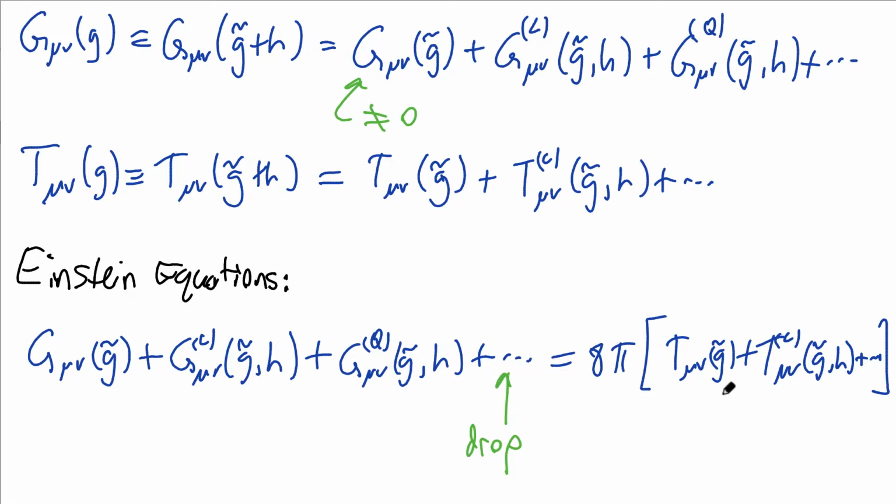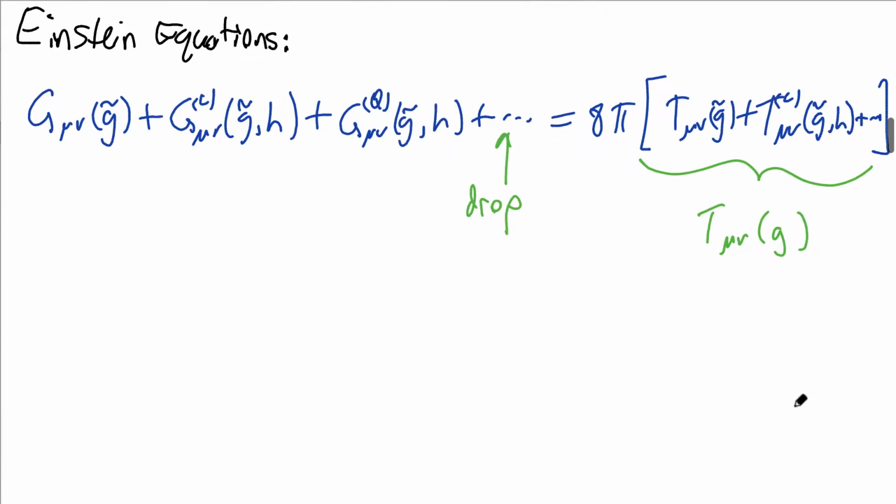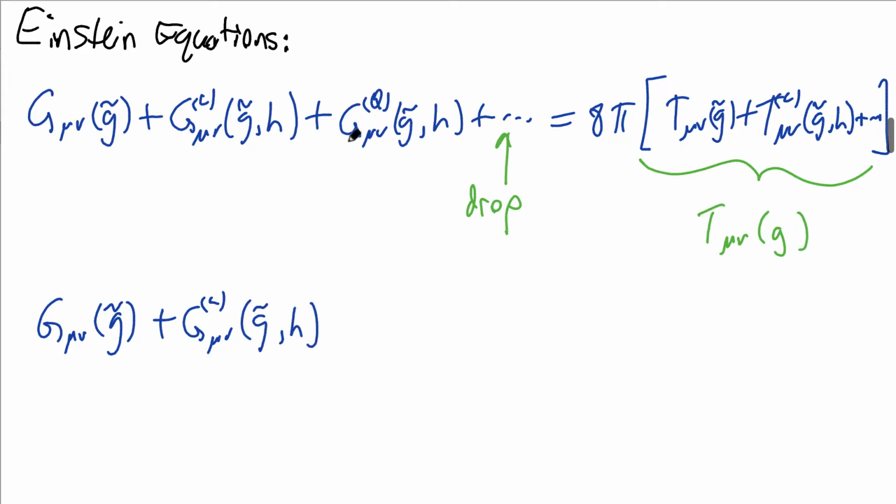h. And also, to keep the notation from being too cluttered, let's just go back to the original notation and call this combination T mu nu of g. And the Einstein equations become G mu nu of g tilde plus the linear terms. And now the quadratic terms I'm going to bring to the right-hand side and write in the following way.